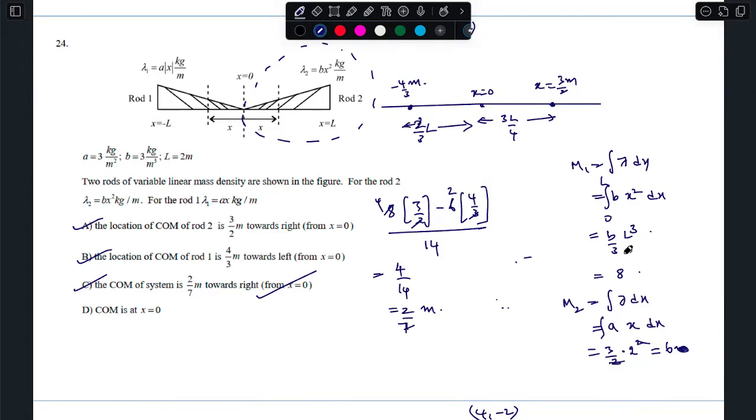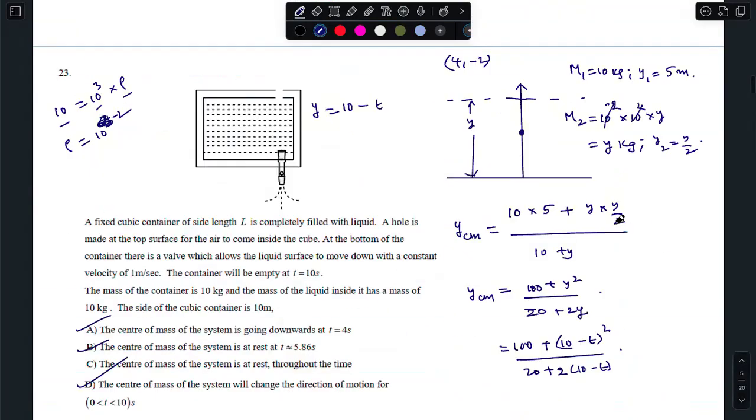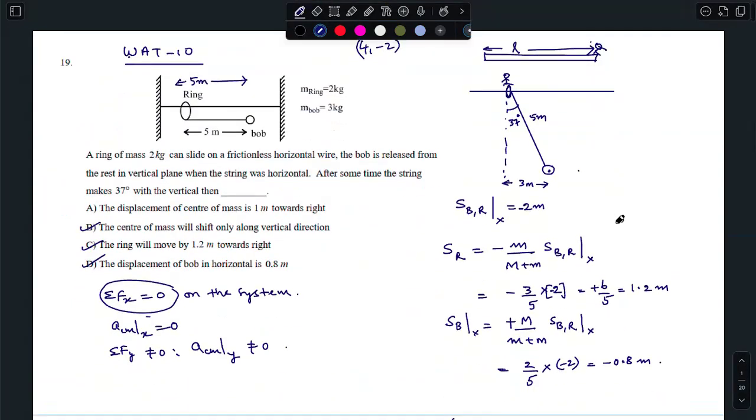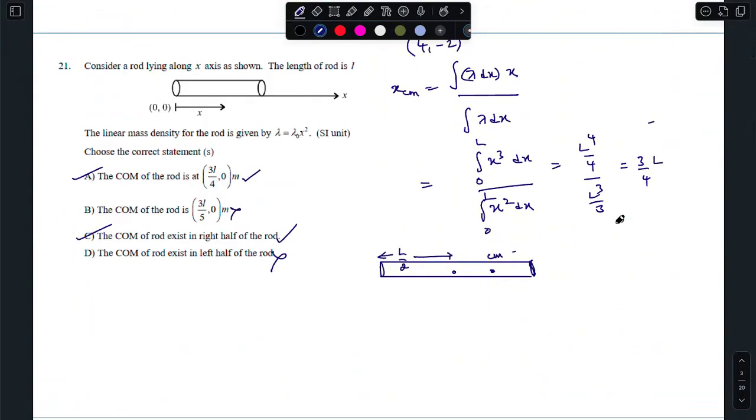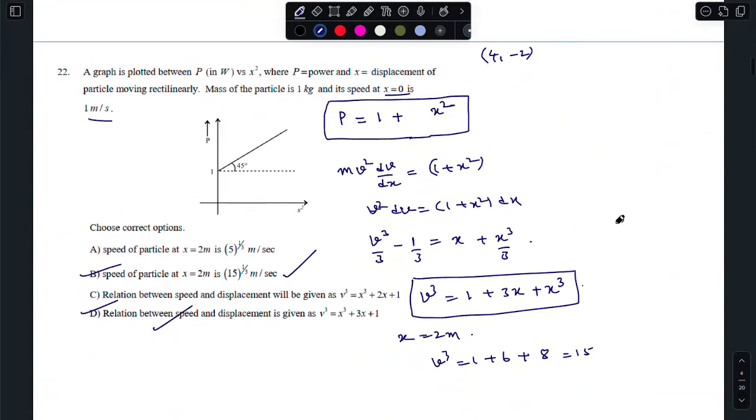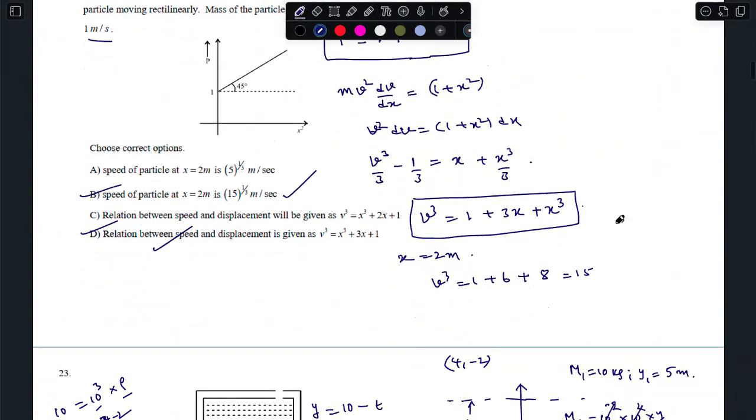Right. So this is the question paper. So what I am telling you is, out of this, 19 can be done, 4 marks, 20 can be done, 4 marks, 21 can be done, 12 marks. Now, this can also be done, 16 marks.